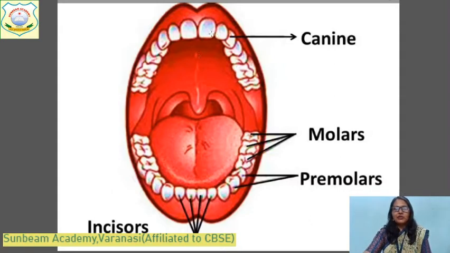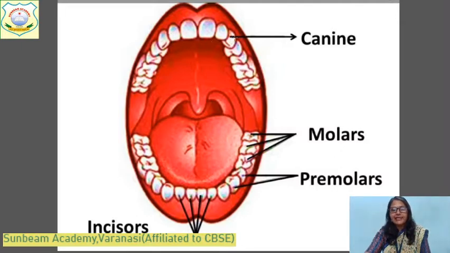Here also, you can see 1, 2, 3, 4 in the upper jaw and 4 in the lower jaw. After that, a sharp and slightly bigger tooth is present. That is called canines. They are tearing teeth. The non-vegetarians who eat meat have to tear the food, and for that they need this type of teeth.